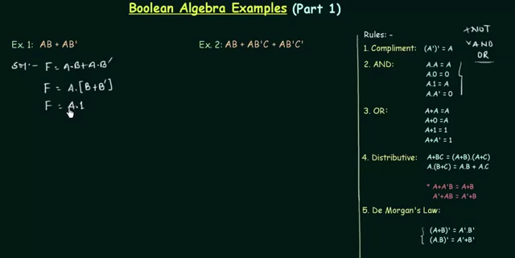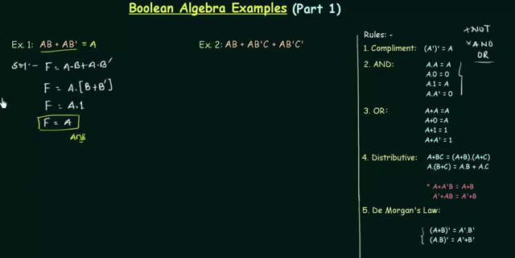And now we have A and 1. A and 1 is equal to A from here. So the function f is equal to A. You cannot minimize it further, so this is our answer. So this function A and B or A and B complement is equal to A simply.